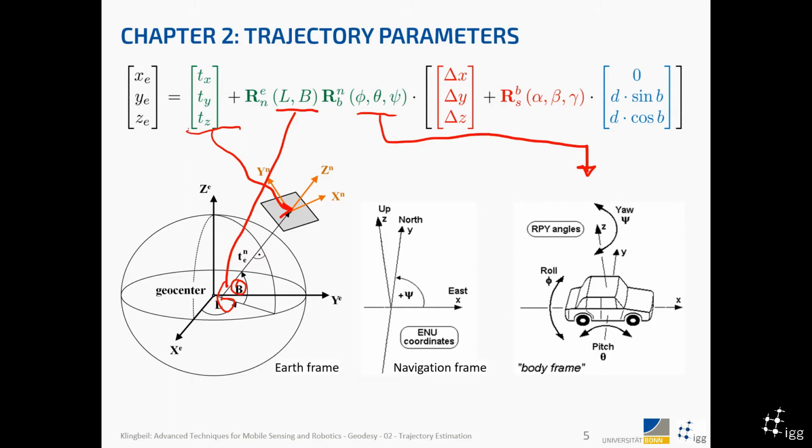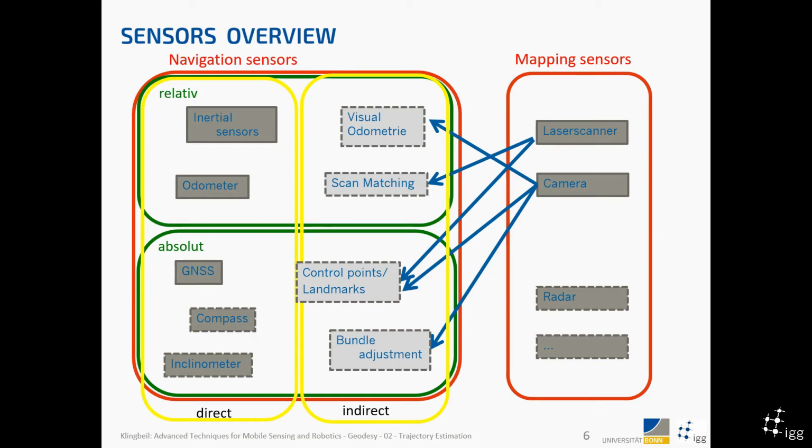What I want to do now is repeat those findings and those techniques and discuss them a bit more with respect to accuracy, and also introduce a method to improve this estimation process.